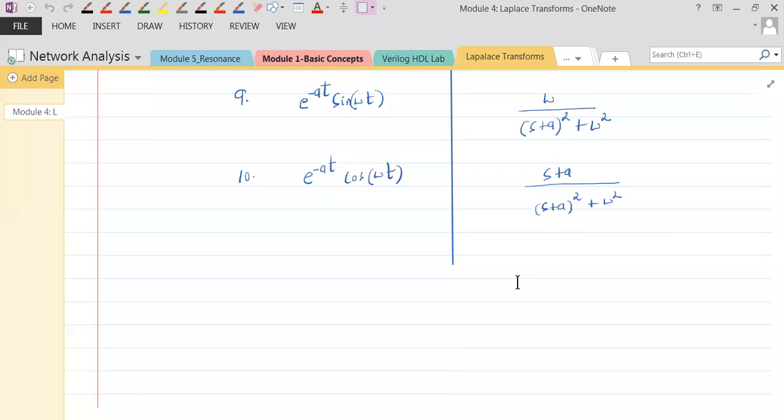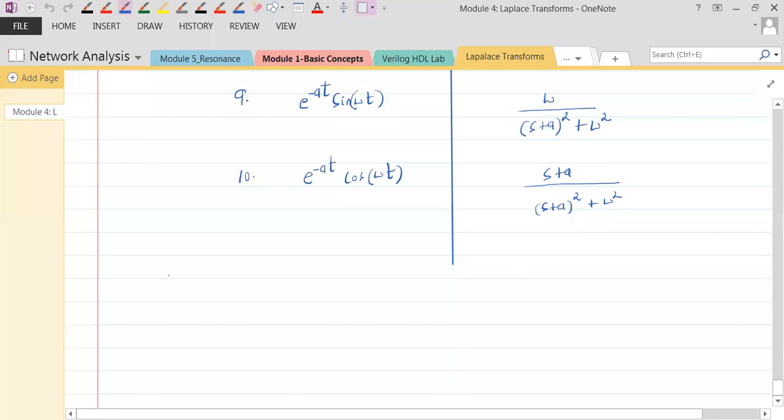Now, there could be problems like this. Just see here. Suppose they ask, obtain the Laplace transform of some signal, say x of t, using the properties of Laplace transform.